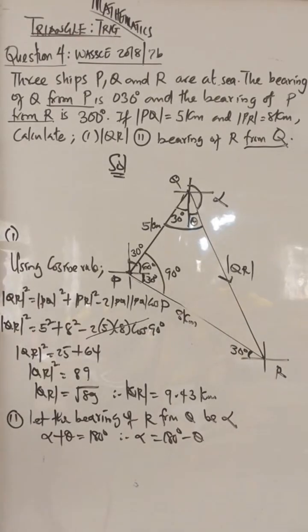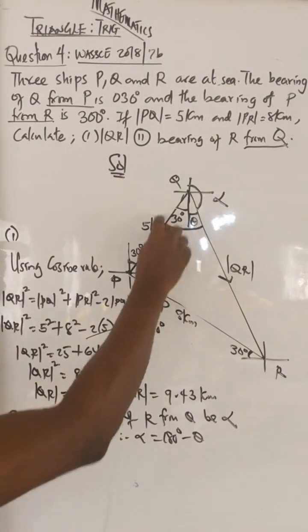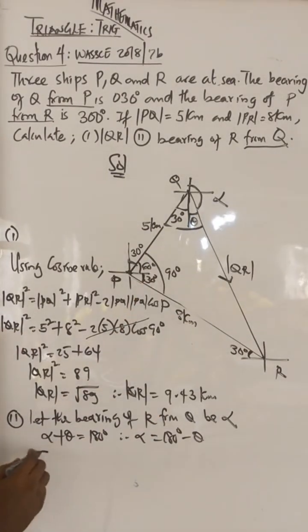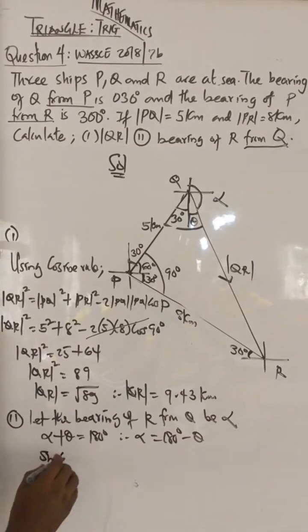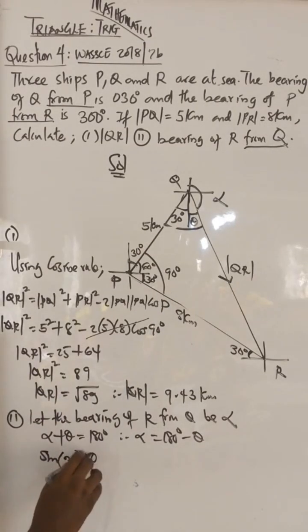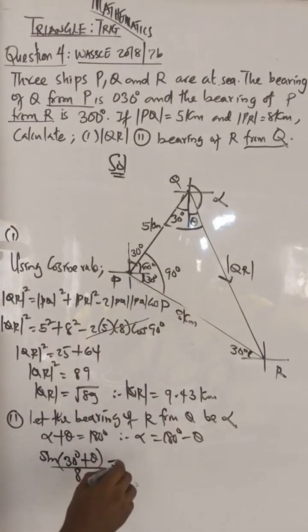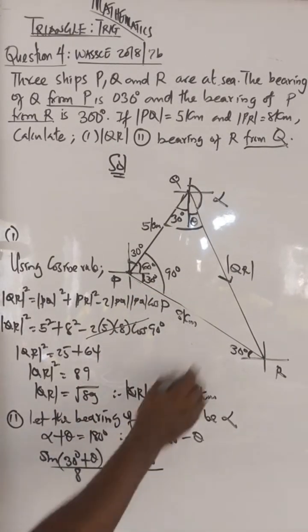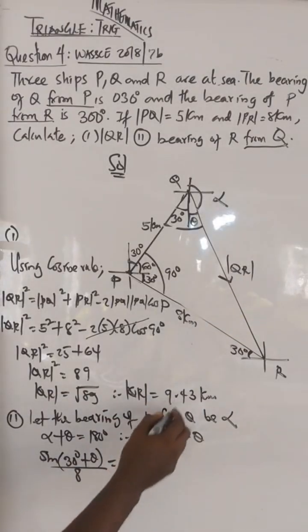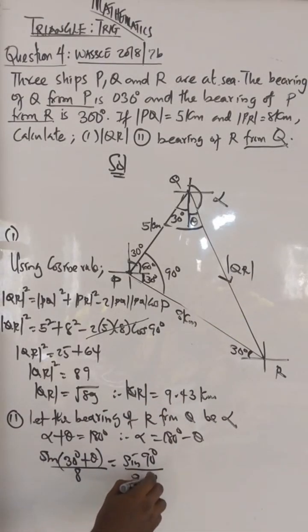How can we get this whole angle? Since this is a right angle triangle, we can use trig ratio straight, or we can use sine rule. We can say sine of this angle over this. So we can say sine, this angle is 30 plus theta, over 8 equals sine 90 over QR. What's QR? 9.43.